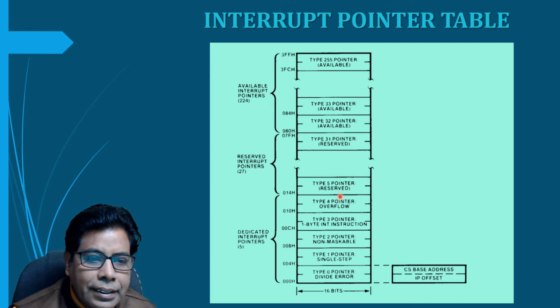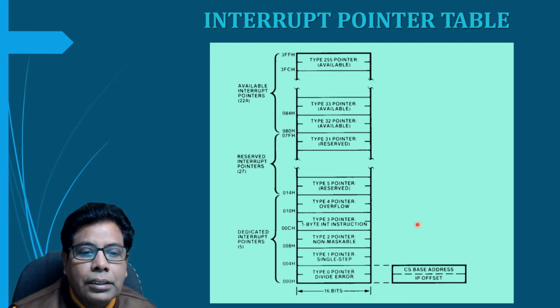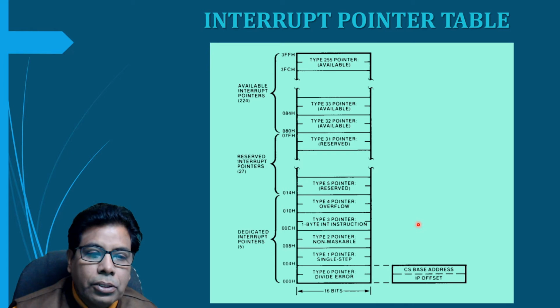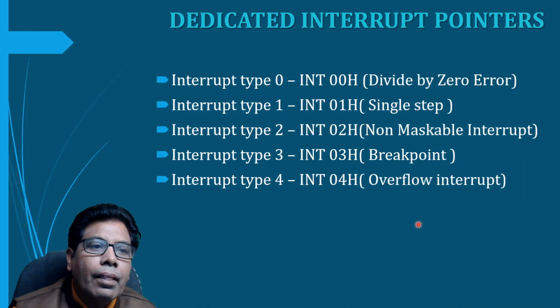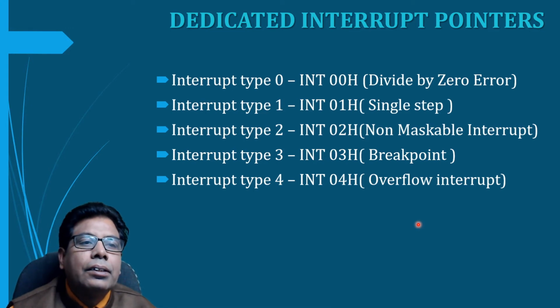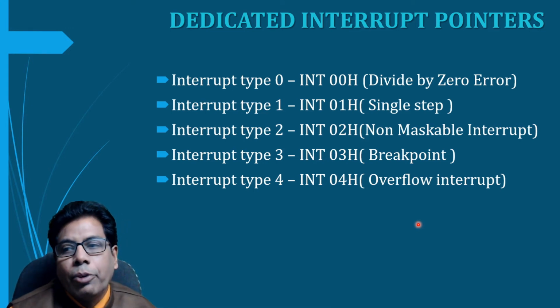So we'll be discussing these dedicated interrupts in detail, and then we'll discuss the other things with respect to interrupts, that is the priority of the interrupts. So let us first go to the dedicated interrupt pointers.